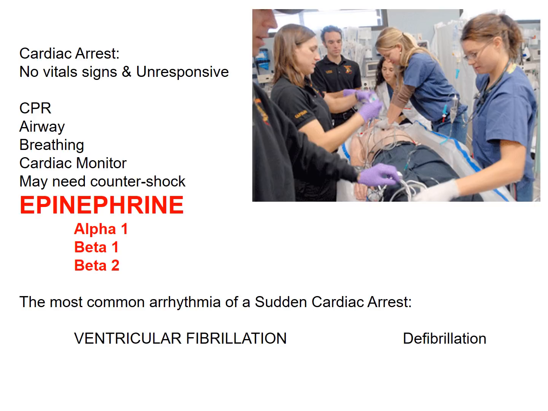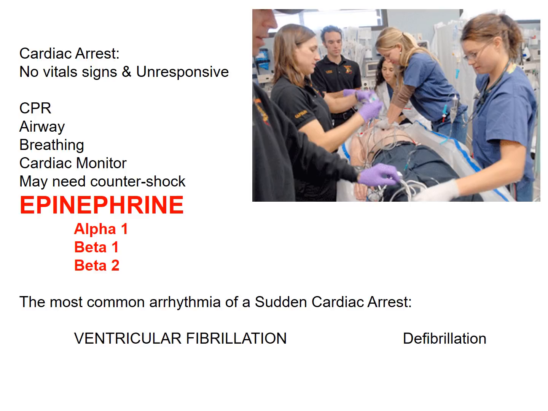Epinephrine in cardiac arrest. It doesn't matter why the individual is in cardiac arrest, or what the arrhythmia might be causing it. If they're in a cardiac arrest, we need epinephrine. Epinephrine has 3 activities. At the alpha-1 receptor, it's going to cause vasoconstriction and increase blood pressure.